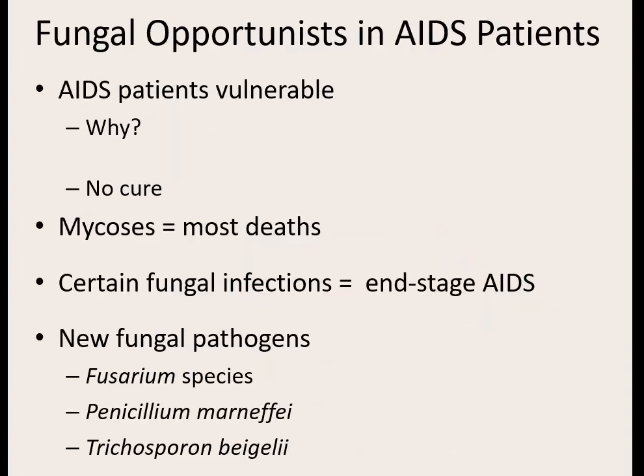Now, we talked a lot in here about how a lot of these fungi are opportunistic and usually found in AIDS patients. AIDS patients are the most vulnerable to fungal infections because they have no effective immune system. That's what puts them in the AIDS stage of HIV infection.